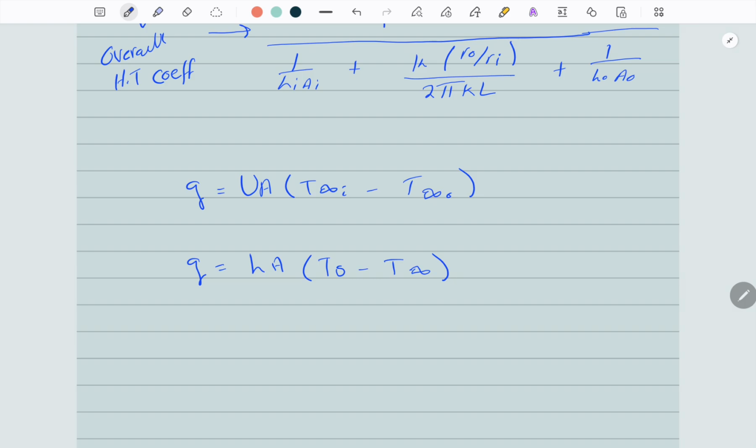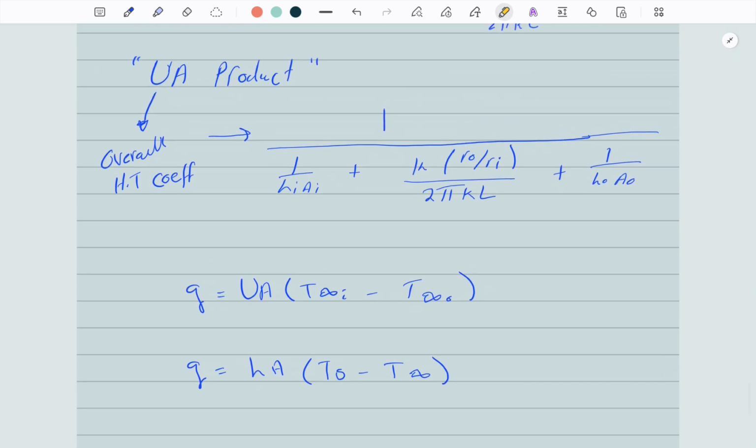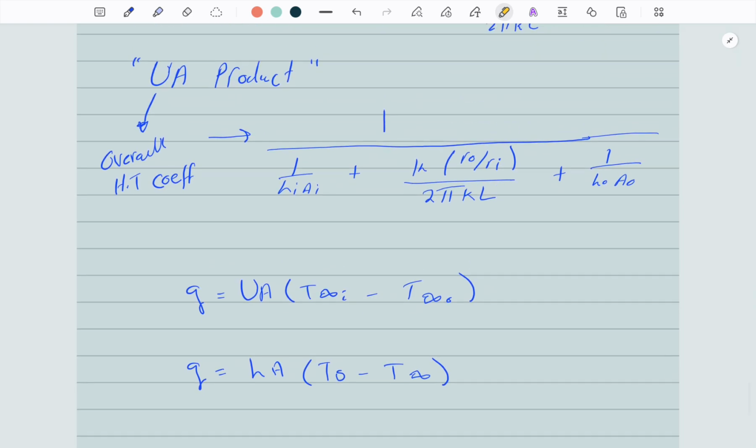The only difference is that this U here is the overall heat transfer coefficient, and this h is the heat transfer coefficient. Okay? Those are the only two differences between the two. And that is your overall heat transfer coefficient.